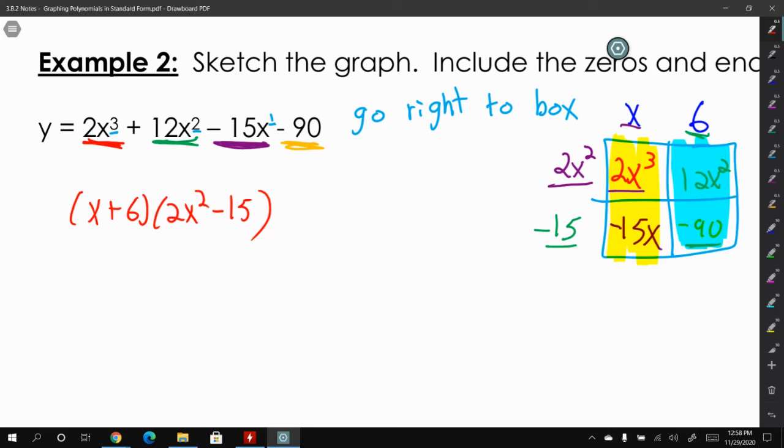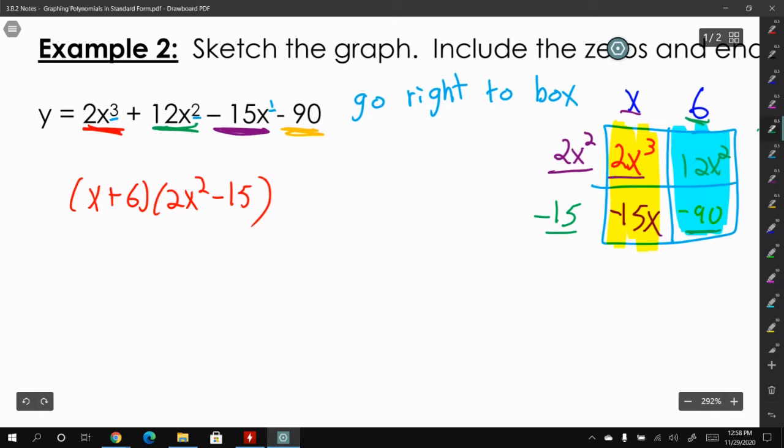And now we're going to set each of these equal to 0. So what makes x plus 6 0? That's x equals negative 6. Now you may say, well, the one above it, you factored it. Like I said, I think solving it is easier and then plotting those zeros, but sometimes you'll be asked to factor it.